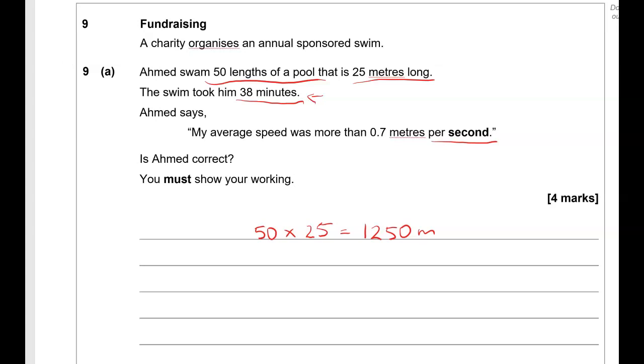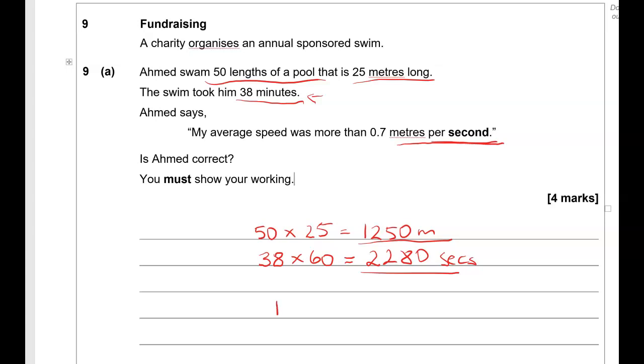In each minute there are 60 seconds, so we're going to do 38 times 60 to give us 2,280 seconds. Now we can divide the meters by the seconds to get meters per second.